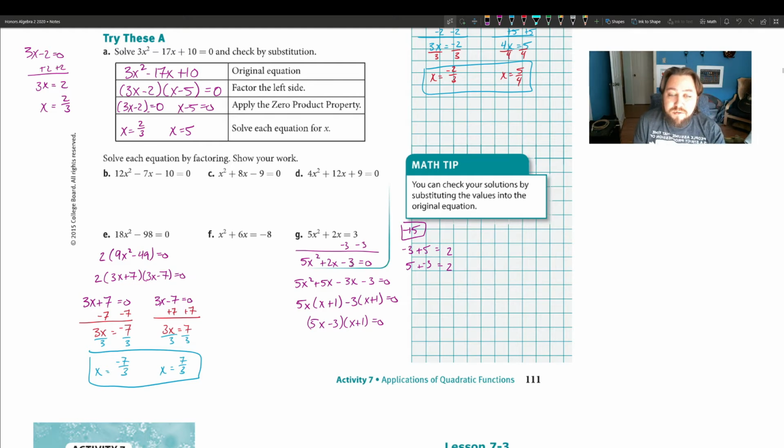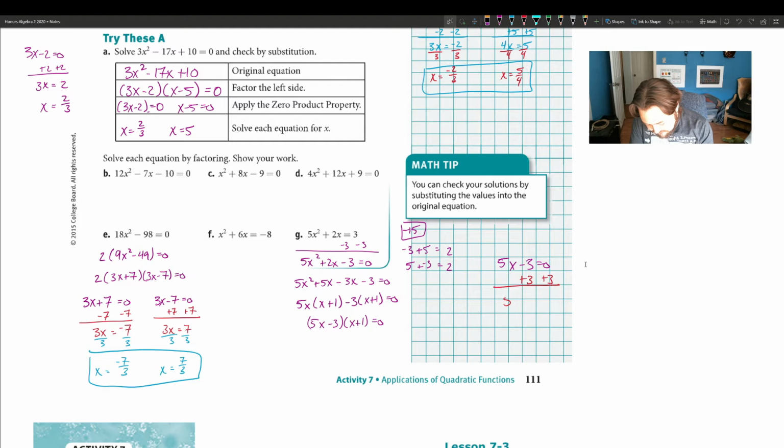So we're going to set each of those to be equal to 0, and I'll do that over here under my little face avatar type thing. Here we go. 5x minus 3 equals 0. So we can add 3 to both sides. Get 5x equals 3.